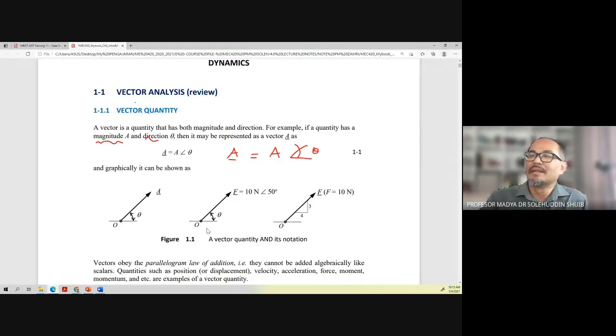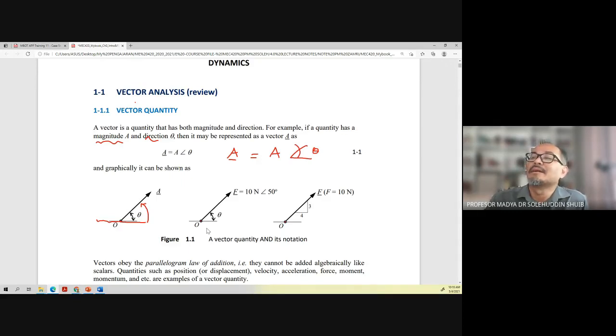Starting with the term here, we have 0, O, okay, and then we measure from the datum to this arrow A, okay, that's how we write.